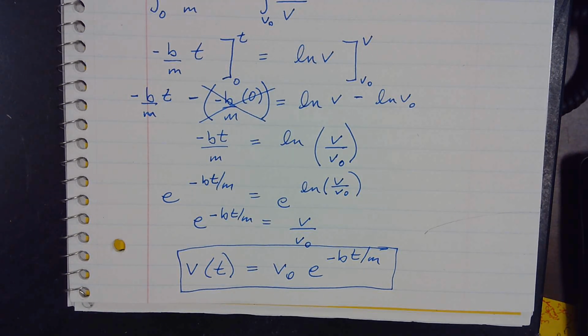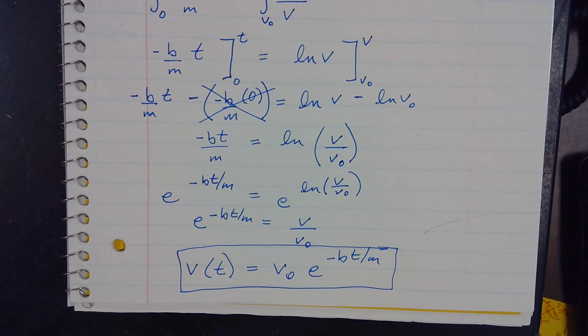And I'm going to pause to let you think for a moment, plus finish writing stuff down. And then I want this equation to make sense. So the original circumstance is, because the car's traveling pretty fast, there's a lot of drag force. So there's going to be a lot of acceleration.